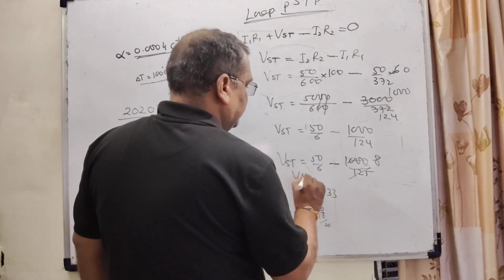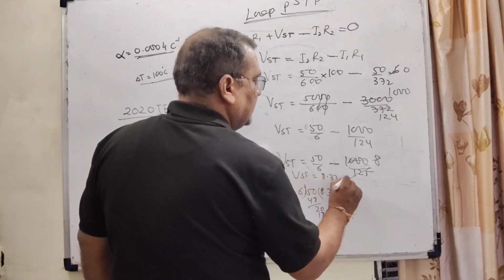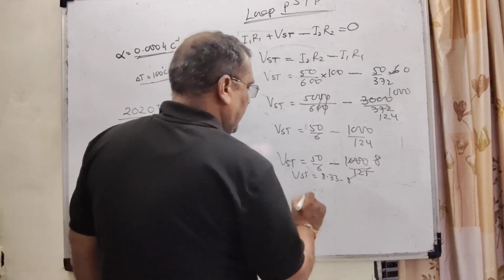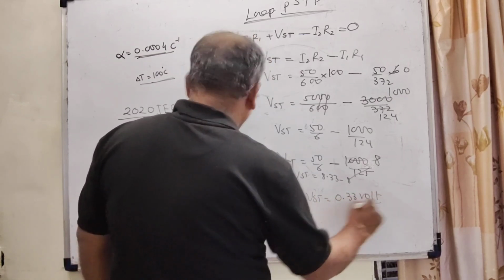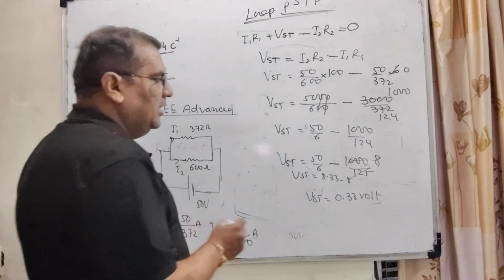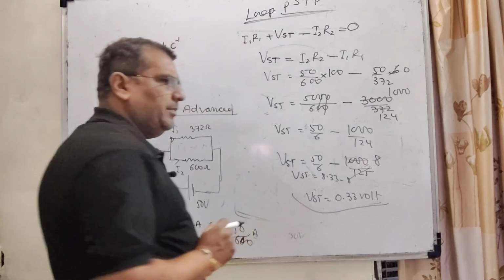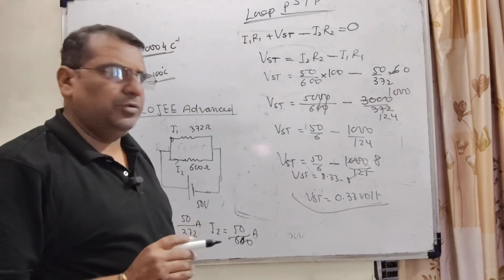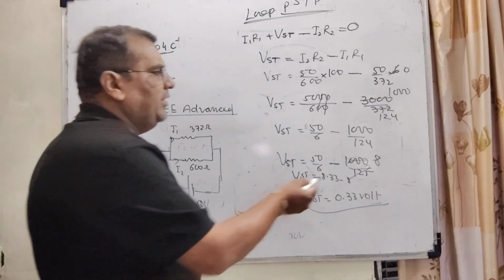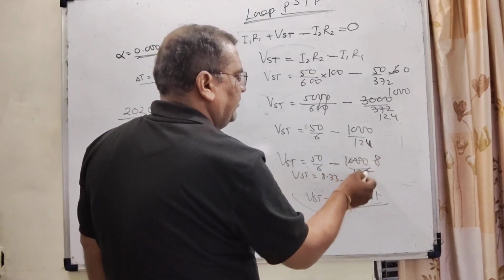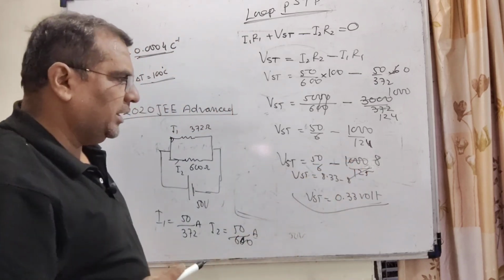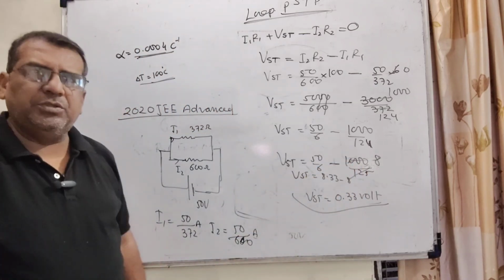So 8.33 minus 8, approximately 0.33 volt between S and T. The actual answer is approximately 0.272 to 0.29, but for our convenience we substituted 125 in place of 124.